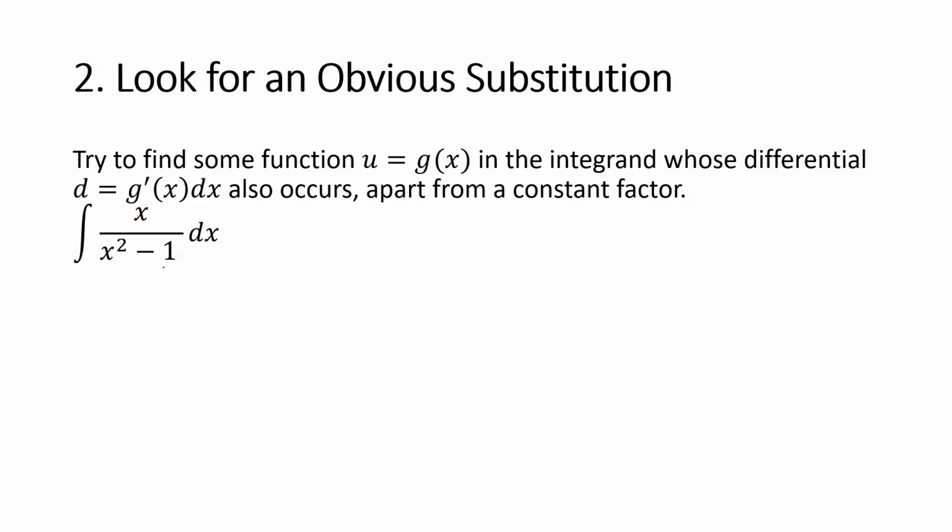Take, for instance, here, x squared minus 1 would be an obvious substitution, because if I take that to be u, then its derivative is a multiple of the x that we have in the numerator. Right? So we get a multiple of the x in the numerator. So this becomes an obvious substitution that transforms this into a form that we can easily then integrate. So we would have a 1/2 integral 1 over u du.